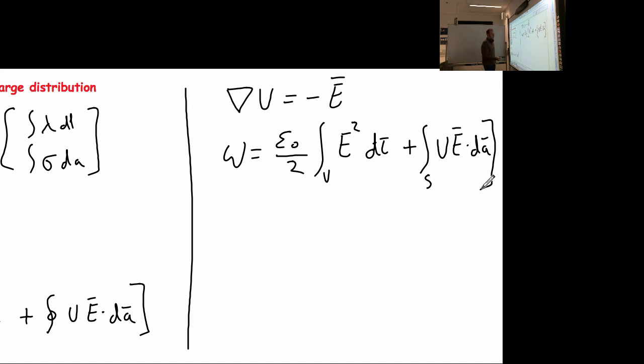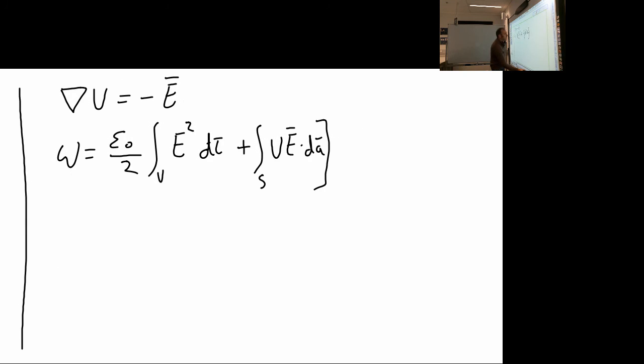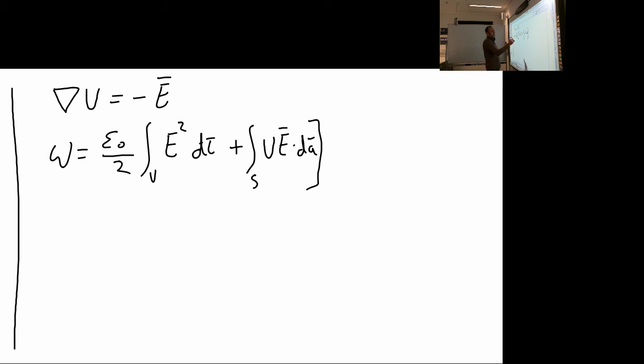So let's look at this a little bit more closely, and see what's going to happen. As we increase the volume, the electric field is going to increase, because we're integrating over a much larger volume. However, for the surface area, as we increase R, the surface area is going to increase as R squared, so this is our dA.